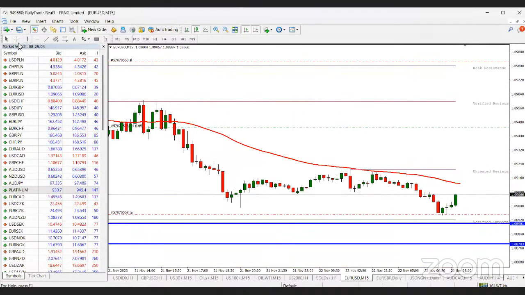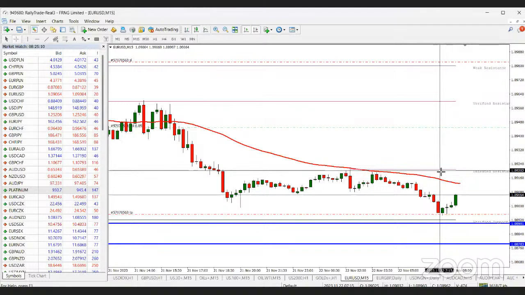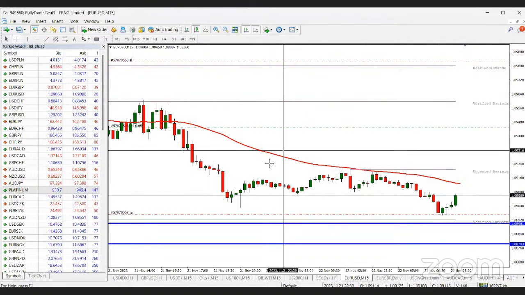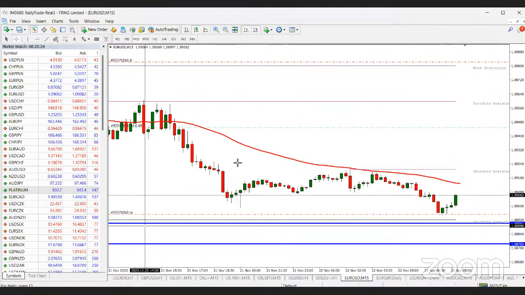So I'll be looking out for a sell around my 50-period moving average, even if price buys to around 1.09200. If price buys to 1.09200, I'll still be looking out for a sell from that zone. So that starts with dollar index, GBP USD, and Euro USD. Okay, thank you.